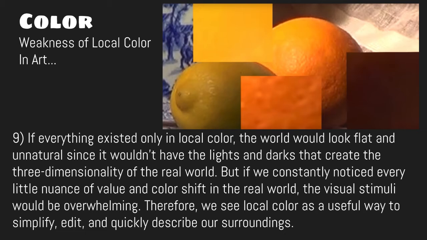Number 9 says, if the world and art was just purely local color, then we wouldn't see... Local color is the color that you expect something to be. So the example that I put on the slideshow is an orange, and you expect an orange to be orange.